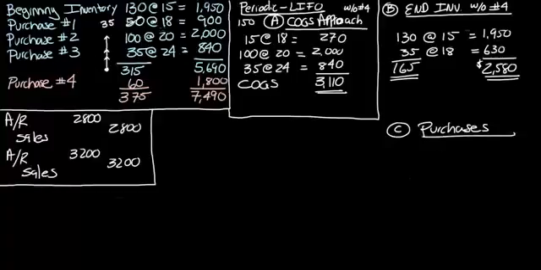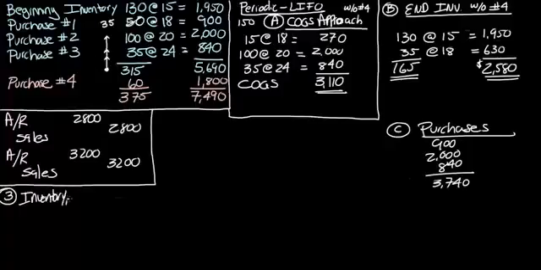Well, we had the 900, the 2,000, and the 840. And if I add all those up, just like before, they are $3,740 in purchases.